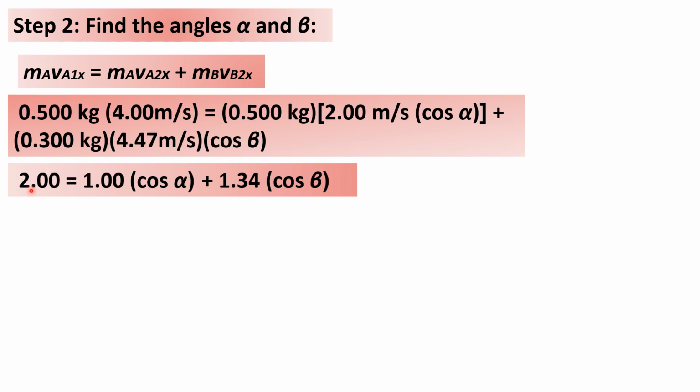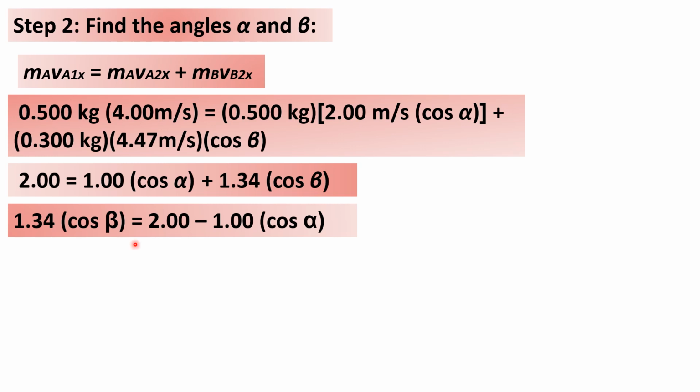So again, 2.00 is equal to 1.00 multiplied by cosine alpha plus 1.34, that's the result of multiplying 0.3 by 4.47, and that is to be multiplied by the cosine of angle beta. The next thing that we do is to transfer 1.34 cosine beta to the left side of the equation, and the value 2.00 to the right side of the equation.